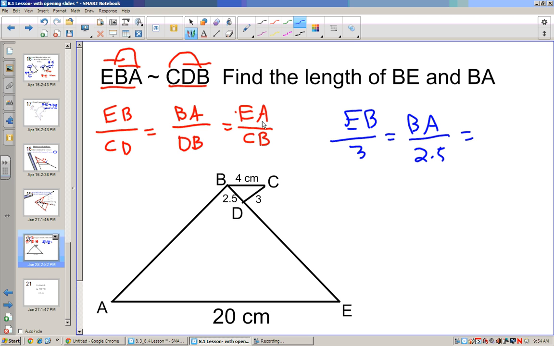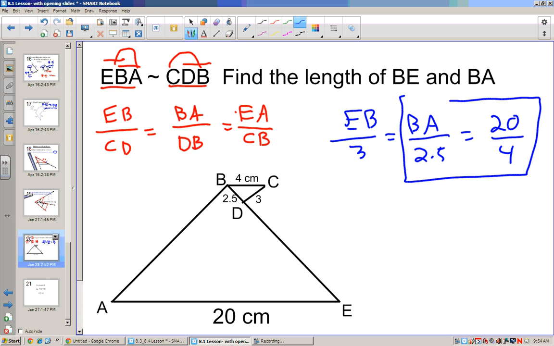And then finally EA, which is 20, is over CB, which is 4. So now I could just look at this side of the equation and do 20 times 2.5 and then divide that by 4. So I know BA is equal to 12.5.